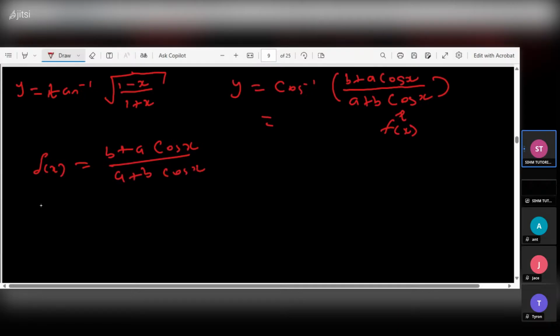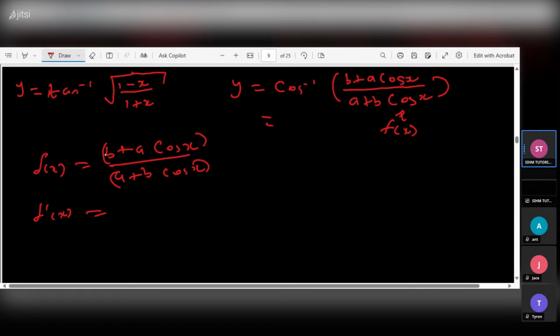Now you need to derive this. So the f prime of x is going to be, I hope you're all understanding what I'm trying to say, apply the quotient rule and also the product rule at the same time.